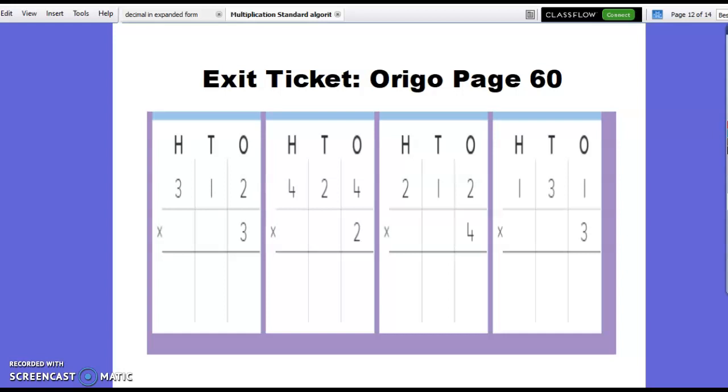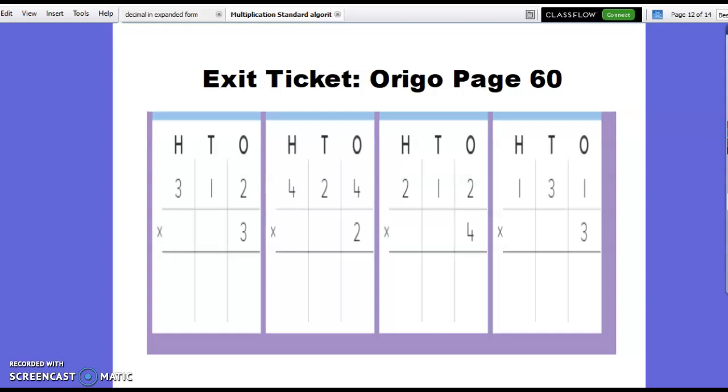Your exit ticket is on page 60, and you have 4 equations for number 1. There is an estimate on the top of it. Don't do those. You're just practicing multiplying. The first one is 3 times 312. Your second one is multiplying 424 by 2. You're multiplying 212 by 4 and 131 by 3.